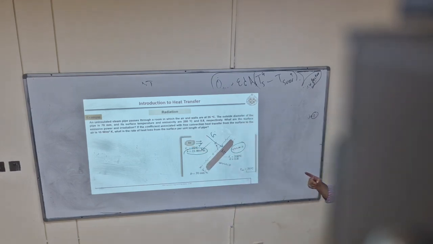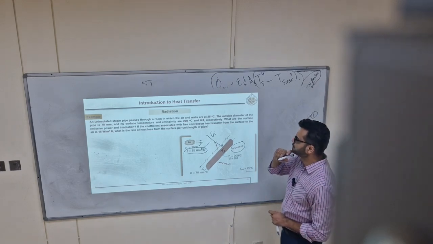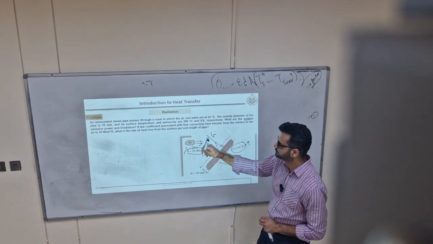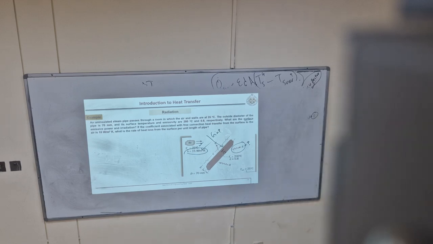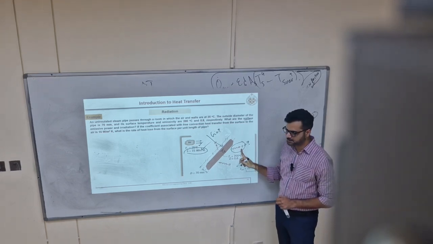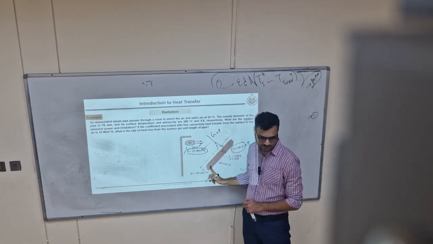Meaning for a length of 1 meter. So first of all, we need to calculate surface emissive power E and irradiation G. Only E. It's not asking for the net radiation heat exchange between these two bodies.